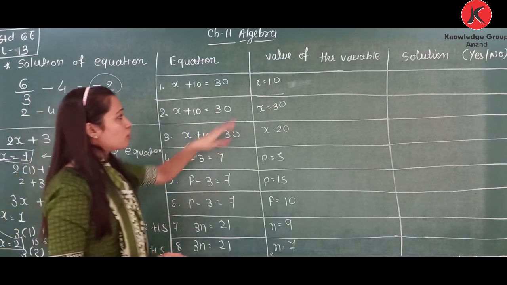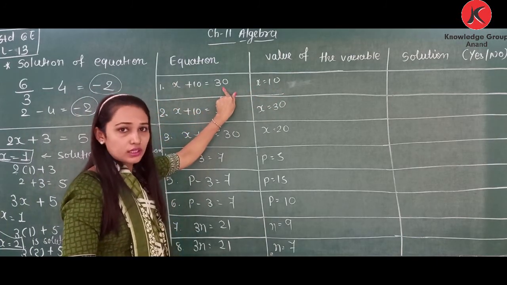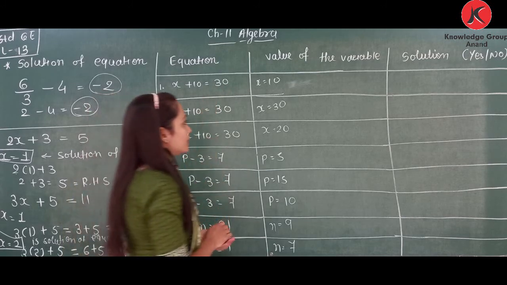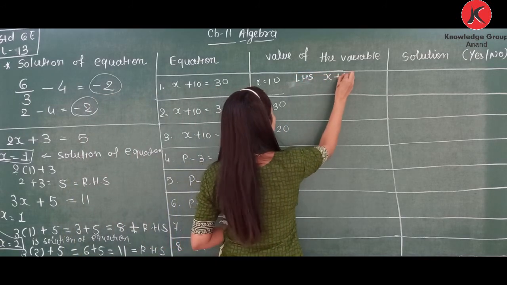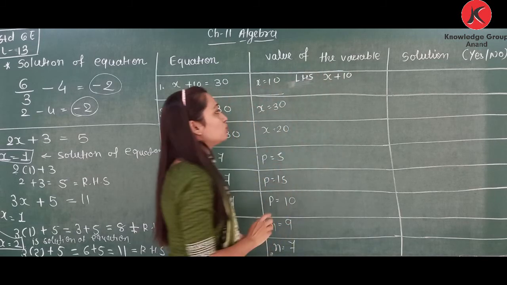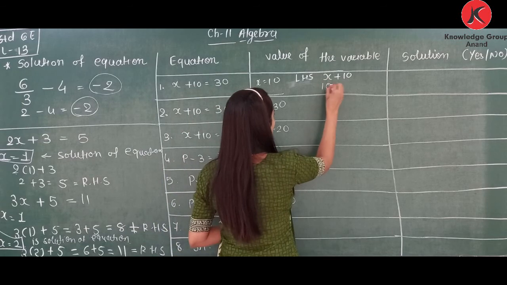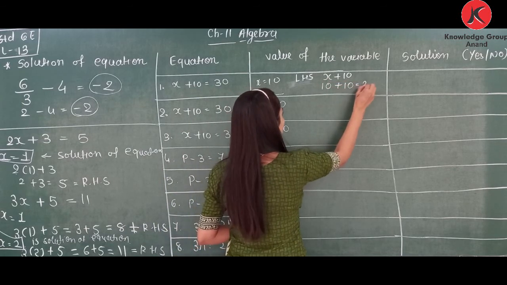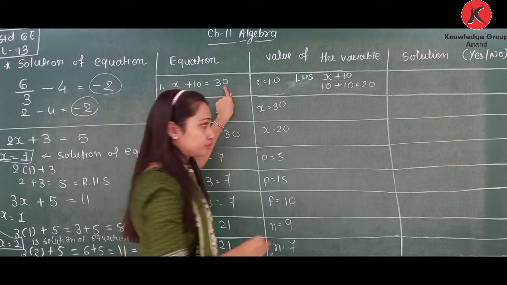Whenever we write the value of x is equal to 10 in the left hand side and we get 30, then it is a solution. So the left hand side is x plus 10. But our value of x is given as 10. So instead of x, if we write 10, it is 20, and 20 is not equal to 30.